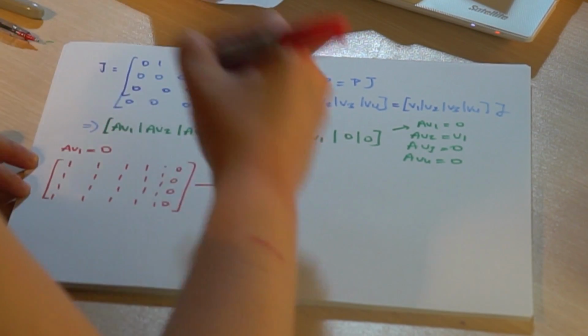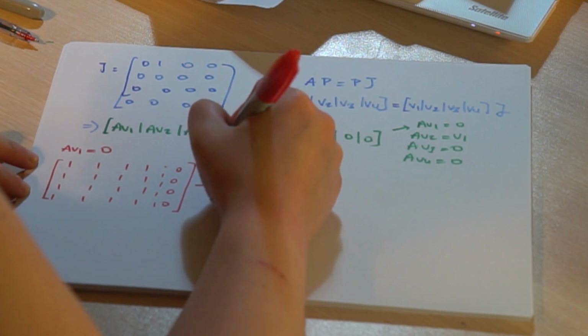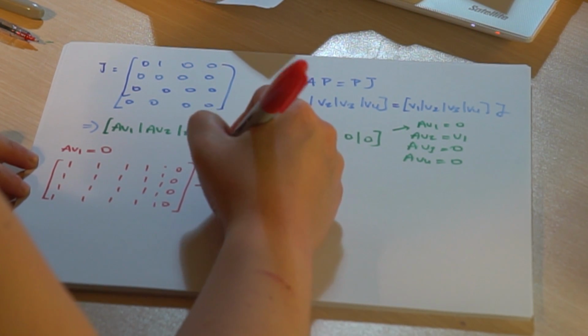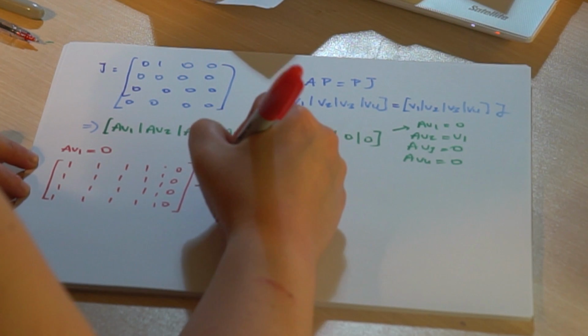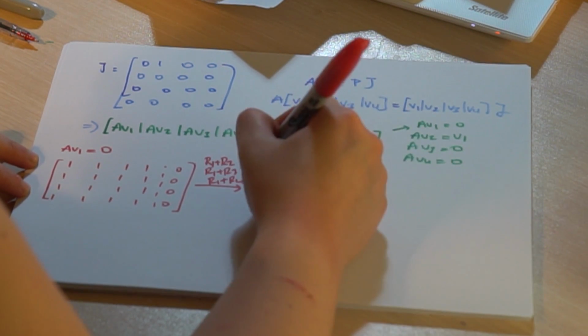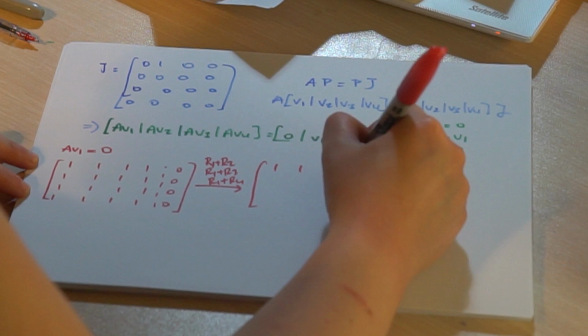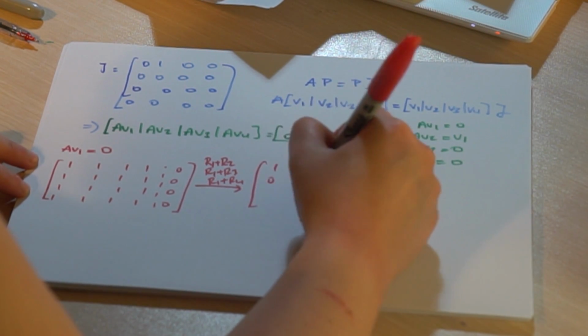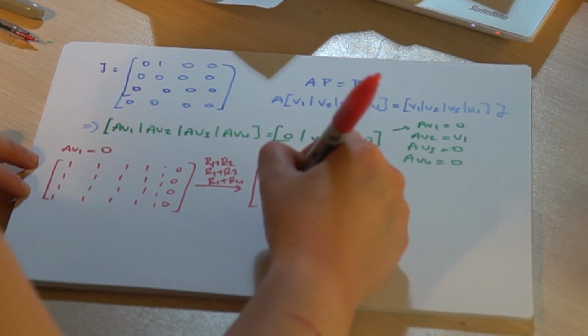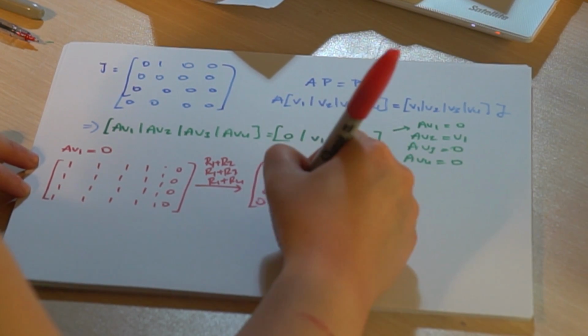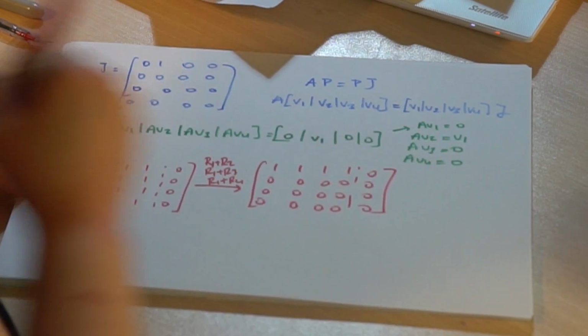So if we add row 1 to row 2, row 1 to row 3 and row 1 to row 4, we will have 1, 1, 1, 1, and all other rows 0.